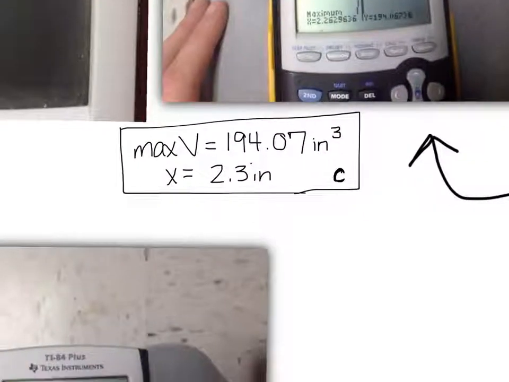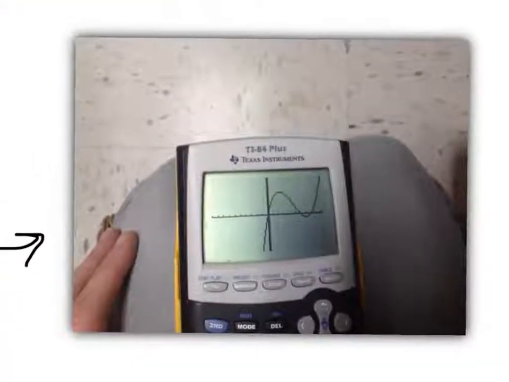Okay, so on your homework, number 13 and 14, the two problems right before this one, ask you to find the relative minimum, maximum, and the zeros. What are the zeros? Where it crosses the x-axis.